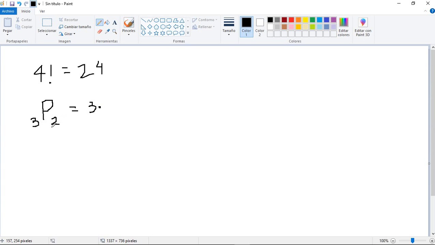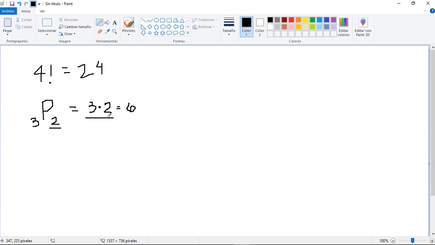We're going to use only 2 numbers, not all the numbers, not 3 times 2 times 1. It would be the same answer even if it were times 1. So 3 times 2 equals 6, and this is the answer.